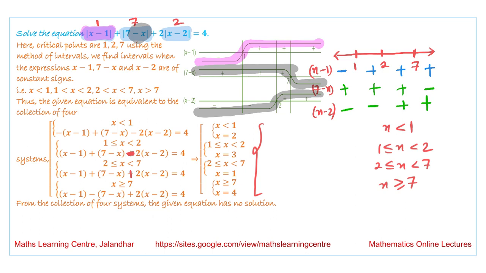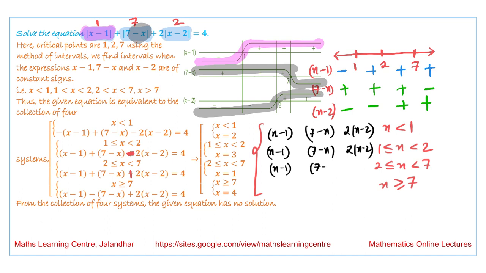The values of the functions we have are x minus 1, 7 minus x, and 2 times x minus 2 in each case. And how are we going to put these signs?